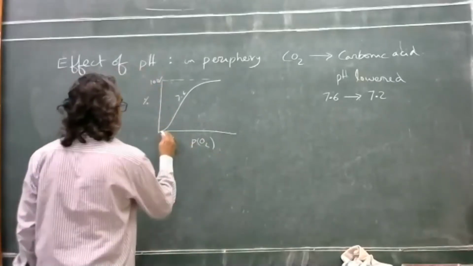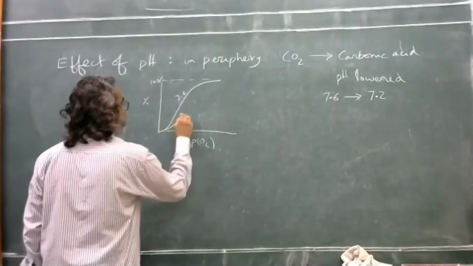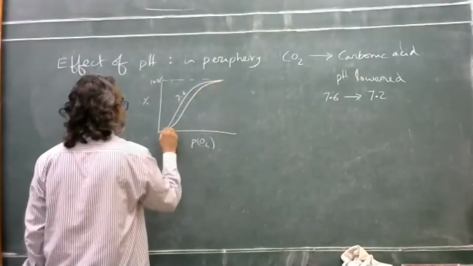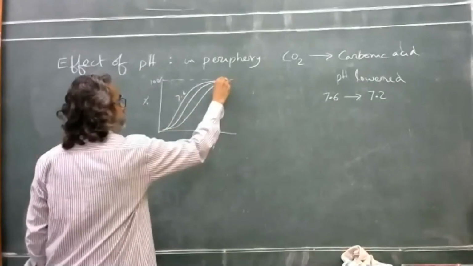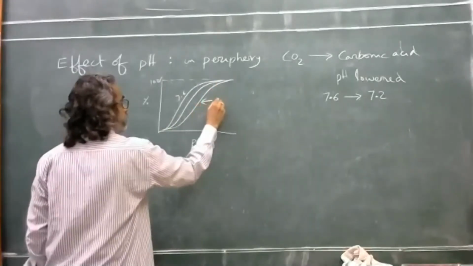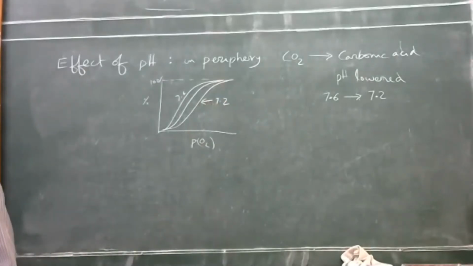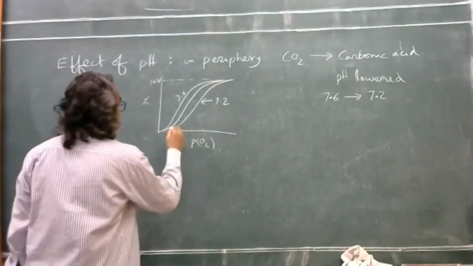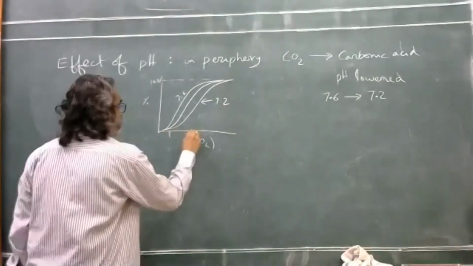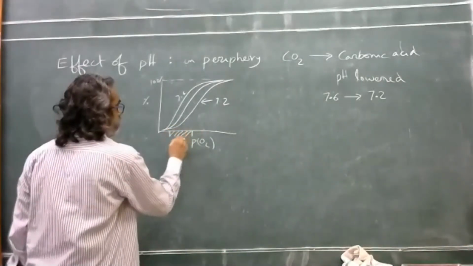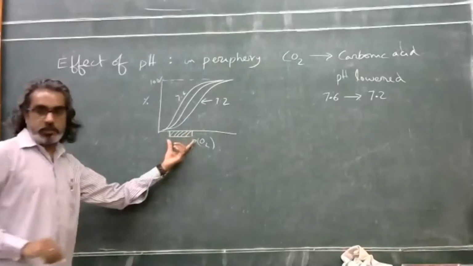This pH actually shifts the curve slightly to the right. Okay, as lower and lower pH, this gets shifted. So that's at 7.2. Again, the physiologically relevant region is somewhere here.